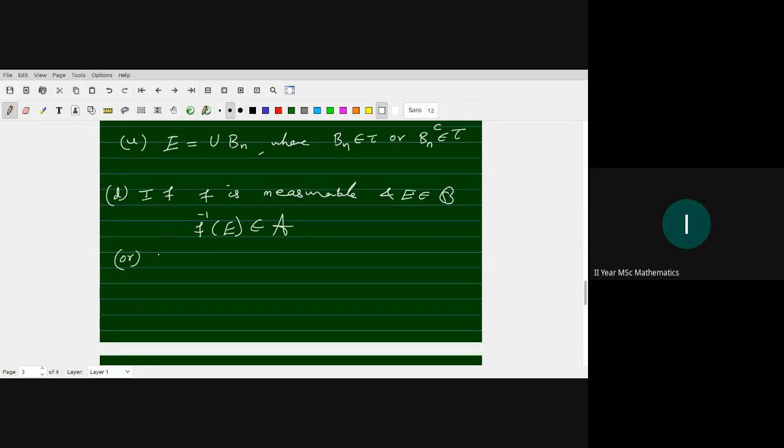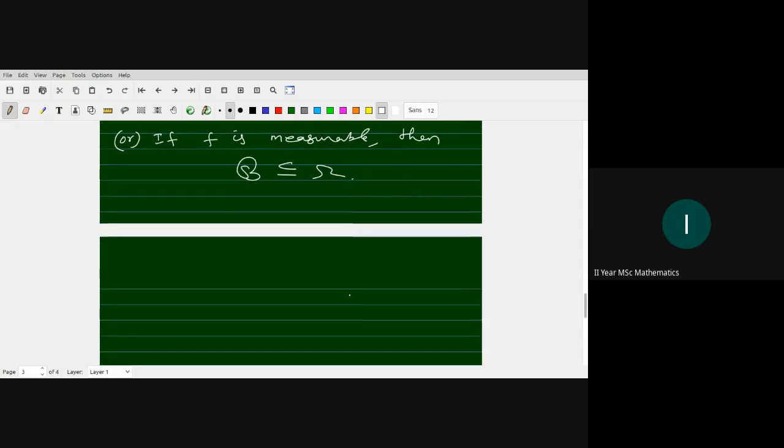This result can be rewritten the following way: suppose f is measurable, then script B is a subset of omega, since if the inverse image of E is in A, that means E belongs to omega. That's the meaning. So script B is contained in omega. So the proof is very simple.